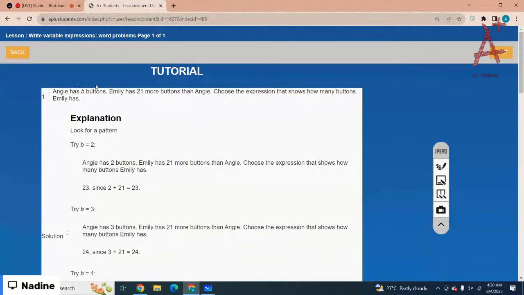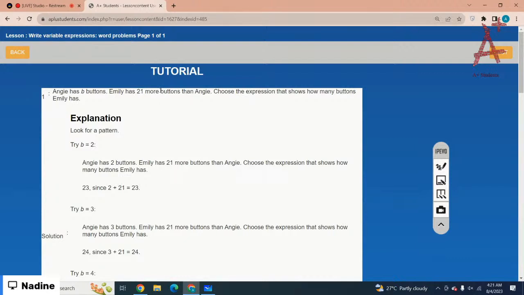Ng has B buttons. Emily has 21 more buttons than Ng. Choose the expression that shows how many buttons Emily has. So, which is the correct option? You don't know what number of buttons Ng has. That is just B. Emily has 21 more buttons than Ng.